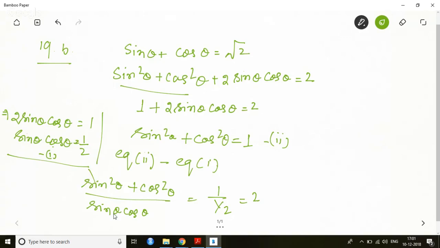So sine square theta divided by sine theta cos theta, sine theta gets cancelled out. That comes out to be sine theta by cos theta, which is tan theta. And here cos square theta, cos theta cancelled out. So you have cos theta divided by sine theta, that is cot theta. So tan theta plus cot theta is equal to 2. That's how you have to solve question number 19 part B.